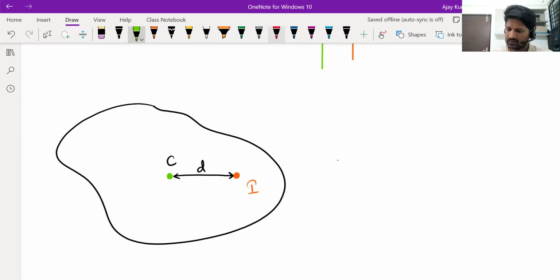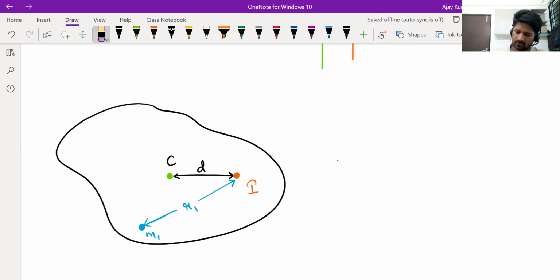And let's consider a random particle of this system, maybe some particle here. Assume its mass is m1 and its distance from the original axis about which we want the moment of inertia, let it be r1.